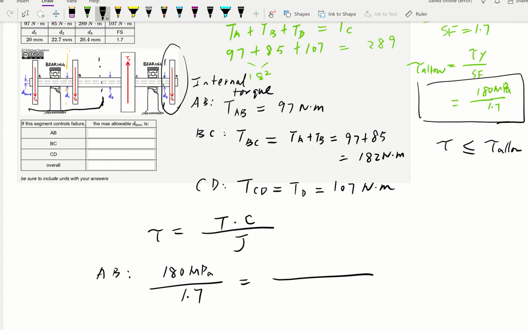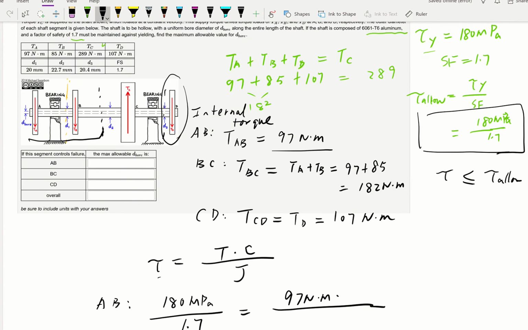And we'll have our T. For the AB section, our internal torque is 97 Newton meter. And we know at the outer edge we're going to experience the maximum shear, right? So the outer edge for AB is going to be the radius, which is half of D1, and my D1 is 20, so that will be half of 20, and that's in units of millimeter.